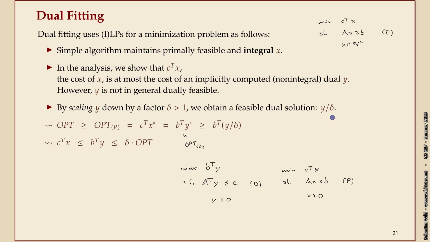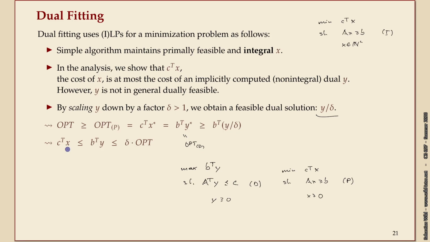And if you scale them down, if you divide them component-wise by some scalar delta, then that is a dually feasible solution, which means its objective value is going to be at most the optimal value for that LP. So you can continue this inequality chain. And then, of course, you can pull this delta out.